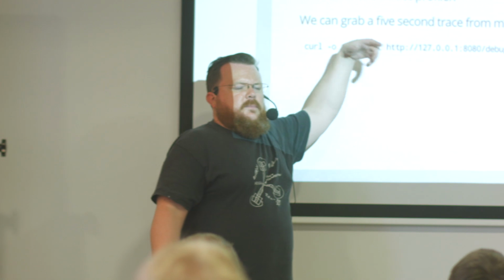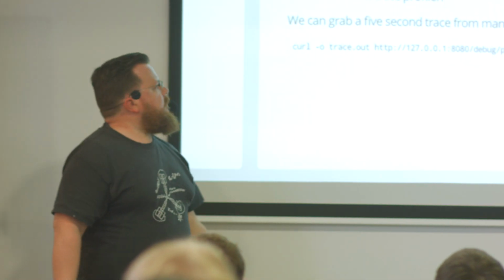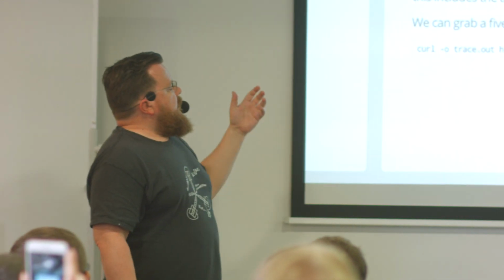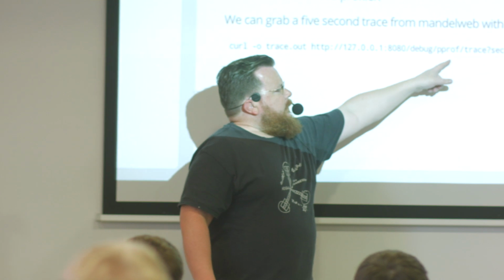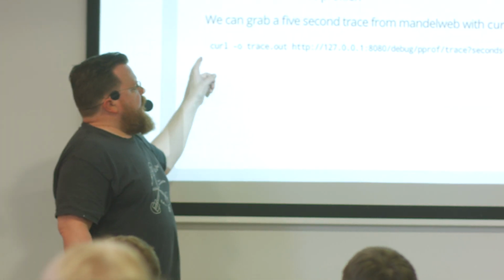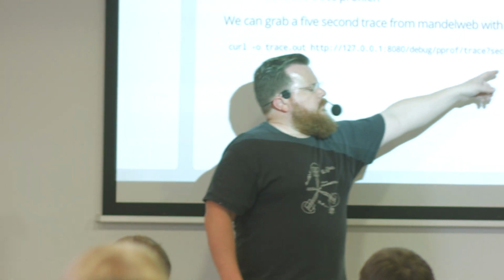All you need to do to enable this is just import this, which registers some routes on your default MUX. It basically registers this debug pprof endpoint in the router, and we can collect a trace by just curling and saying we want 5 seconds of data.